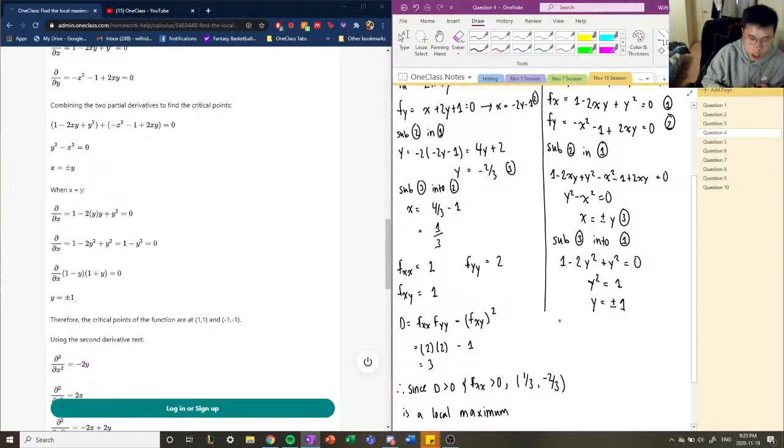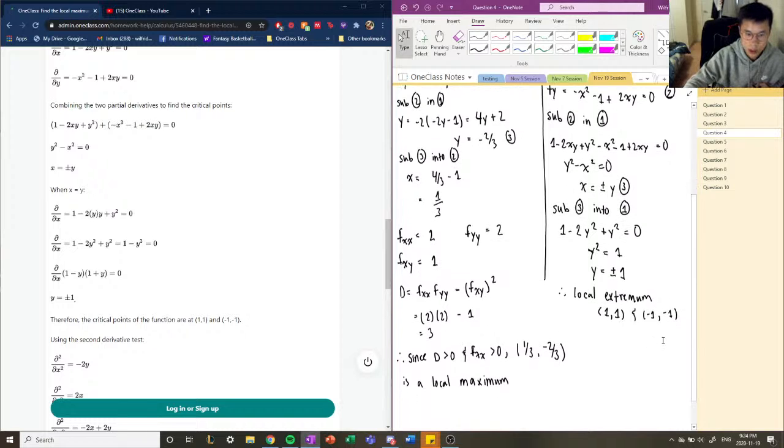So we found our local extremum. Since there's multiple, I'm just going to write it out in a therefore statement. It's going to be (1, 1) and (-1, -1). Okay, cool.